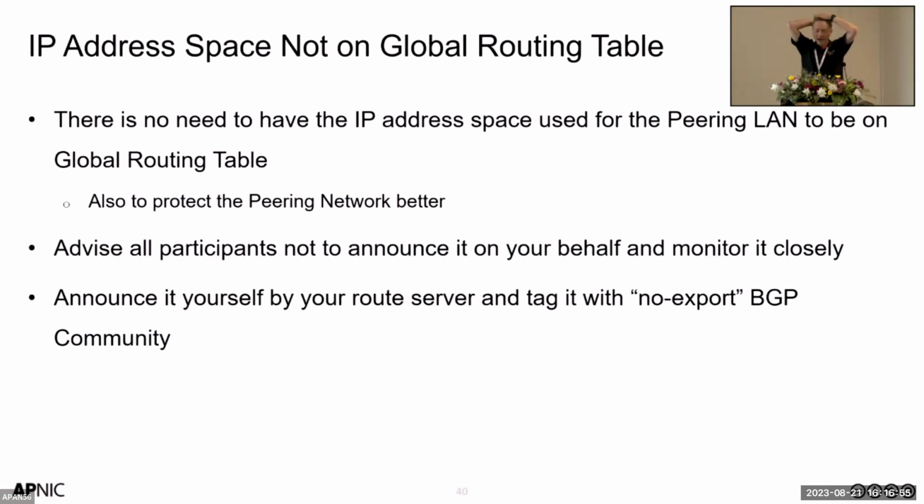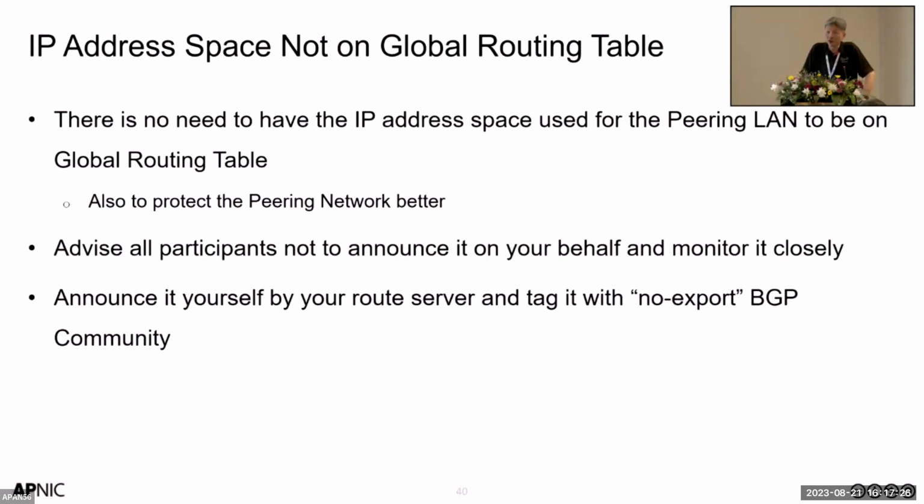Another thing I want to highlight is the IP address space that you use for your peering LAN, the IX LAN, should not appear in the global routing table. It actually helps protect the peering network, because people cannot DDoS the router port on the peering LAN that easily.